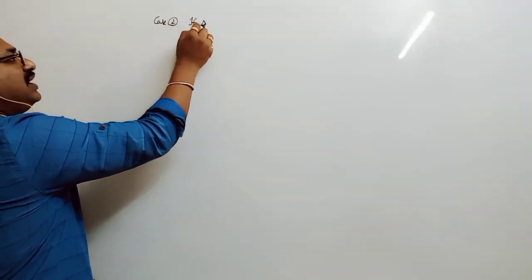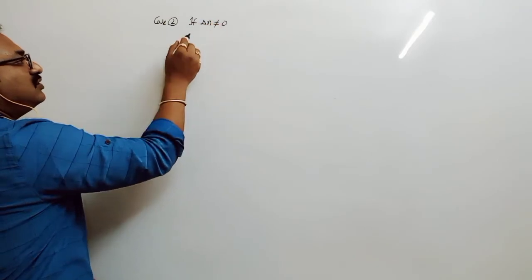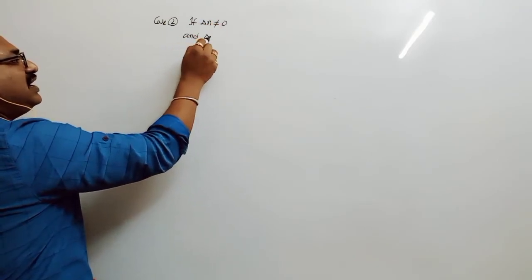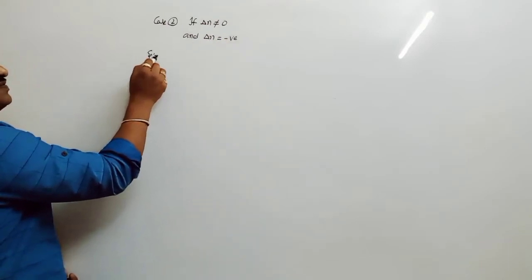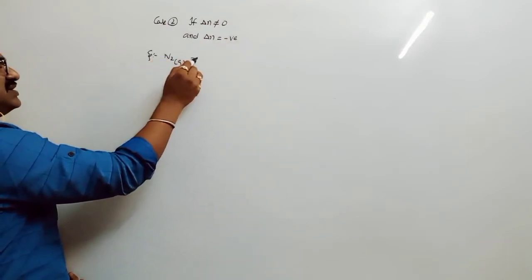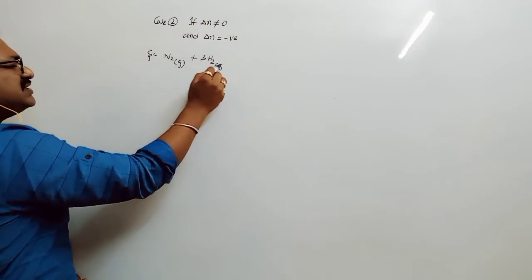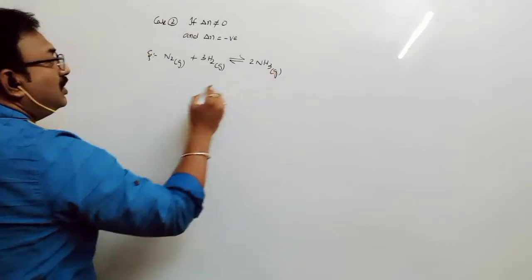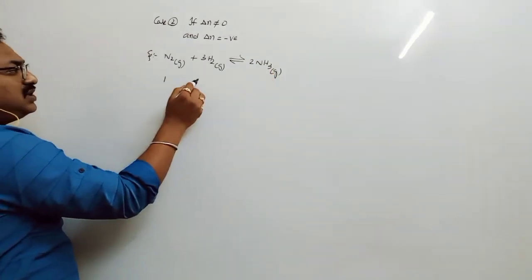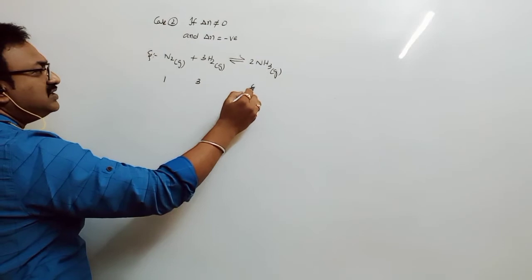If delta n is not equal to 0 and delta n is negative. The best example for this: N2 gas plus 3H2 gas gives rise to 2NH3. 1 mole, 3 mole and 0.